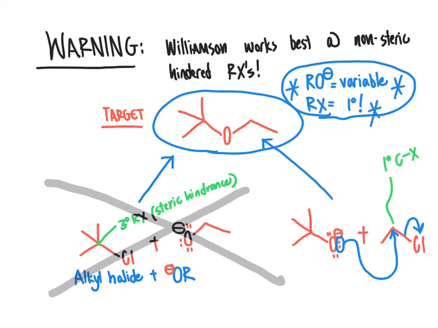And you can run into some situations where there simply won't be a way to make a compound via Williamson ether synthesis. So we could ask, which of the following compounds could not be synthesized using Williamson ether synthesis?